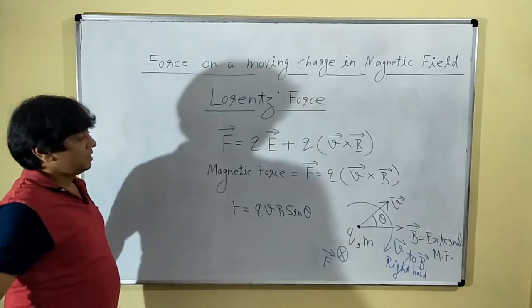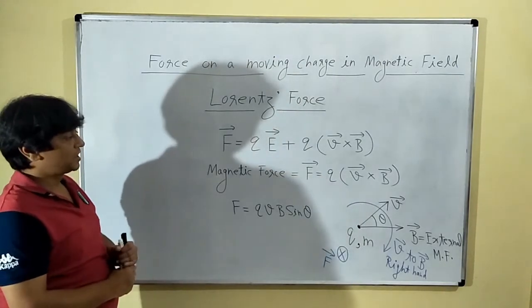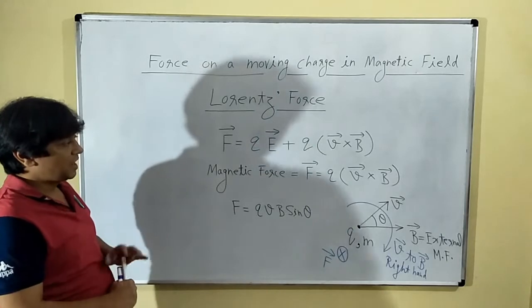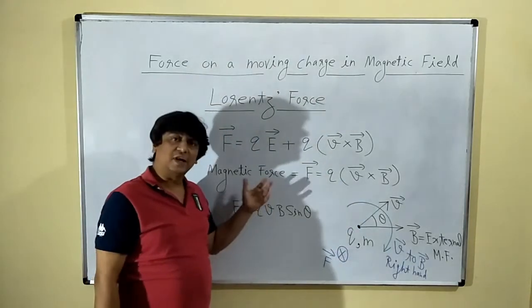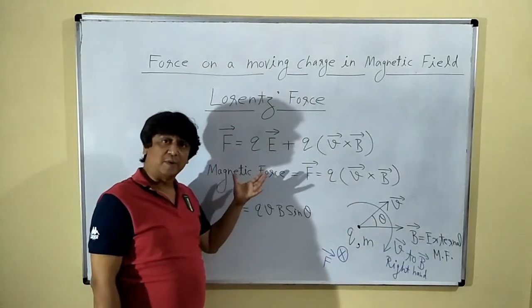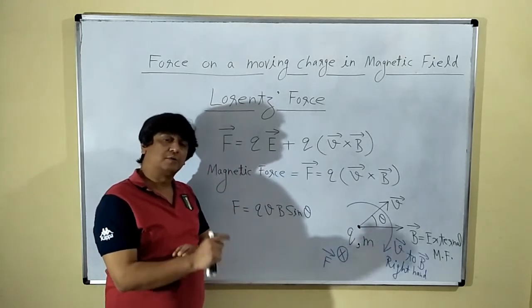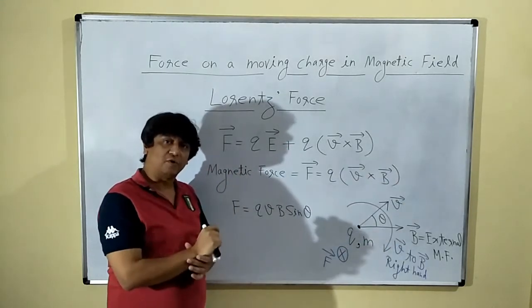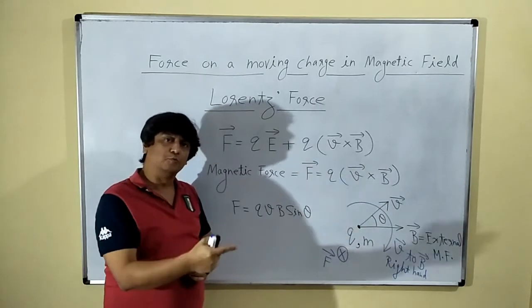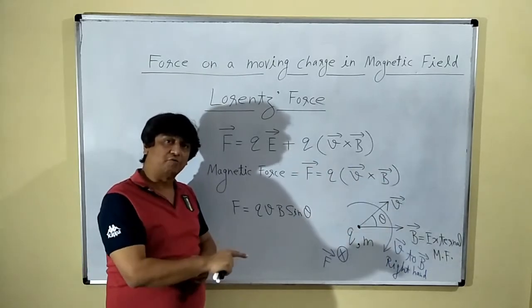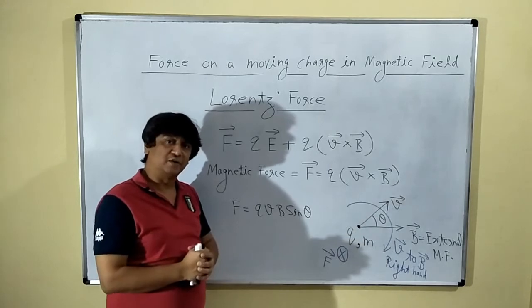Now, the second thing we did here: just like we had this statement in electrostatics, when a charge is at rest, it produces only what, electric field, and when it moves, it produces an electric field as well as a magnetic field.